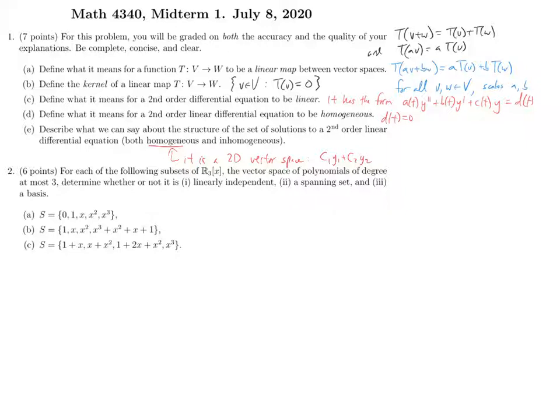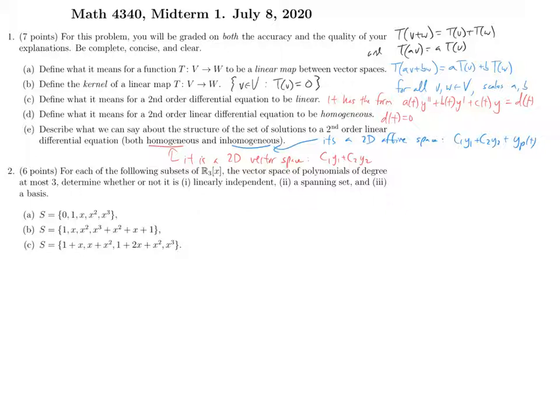And then inhomogeneous, it's a 2D affine space. I give you full credit if you said vector space, affine space, but to be a little more precise, it has the form C1y1 + C2y2 + yp(t), where this is any particular solution. But vector space and affine space, that's really what I was looking for.